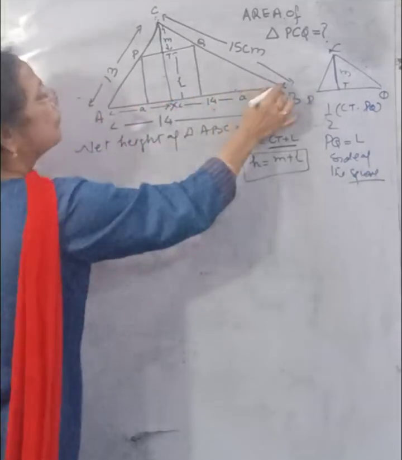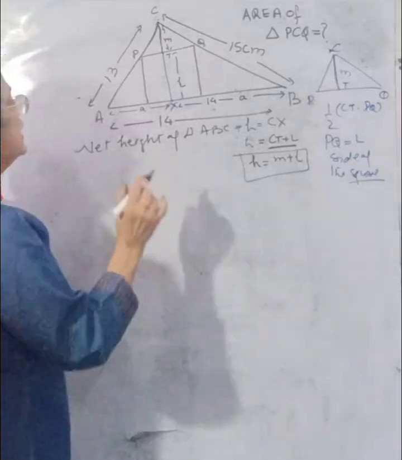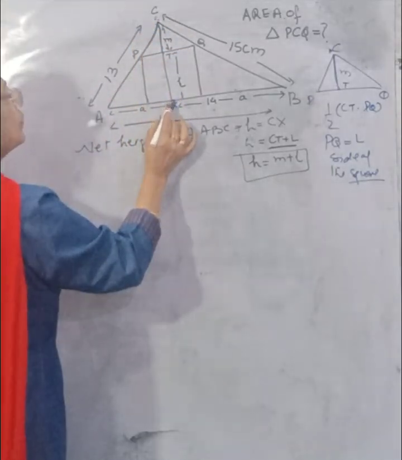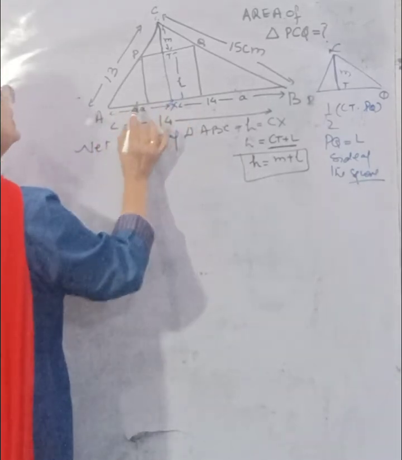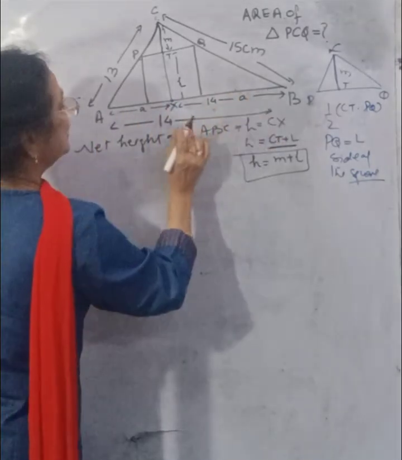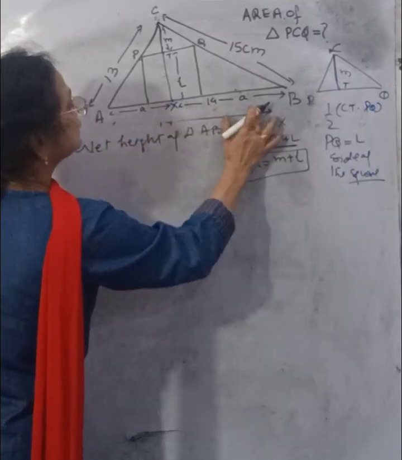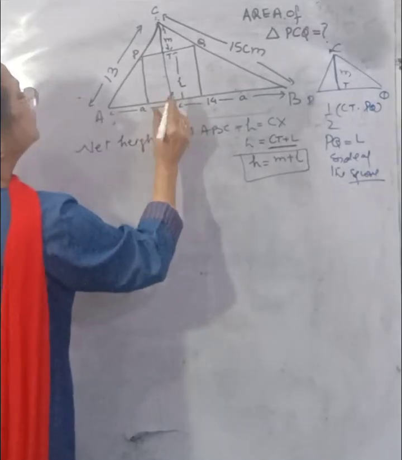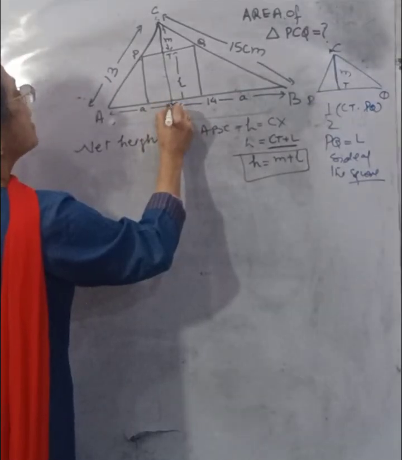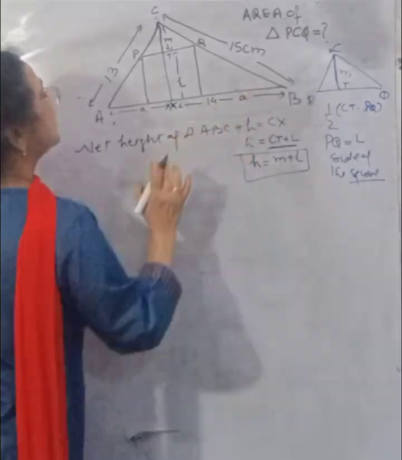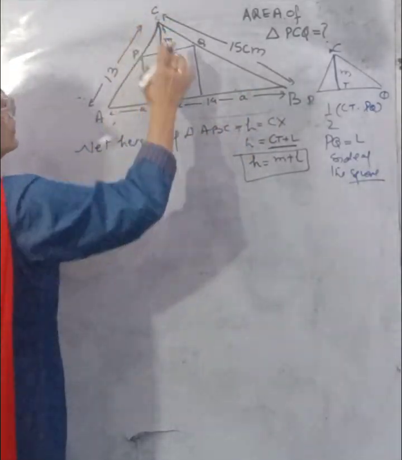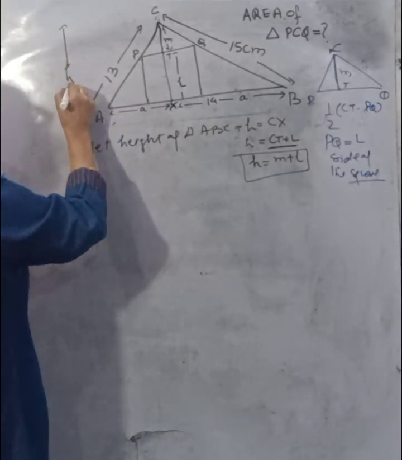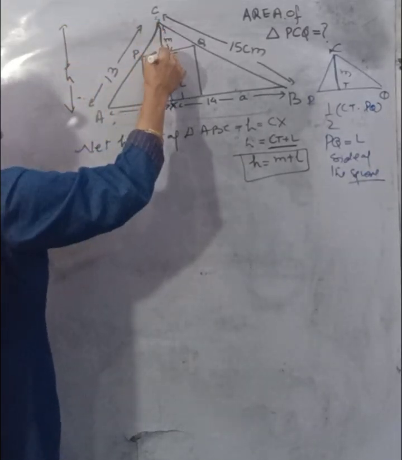When we drop the perpendicular from C to X, this distance is A and the remaining portion is 14 minus A. This is H, the height, which is the addition of M plus L.